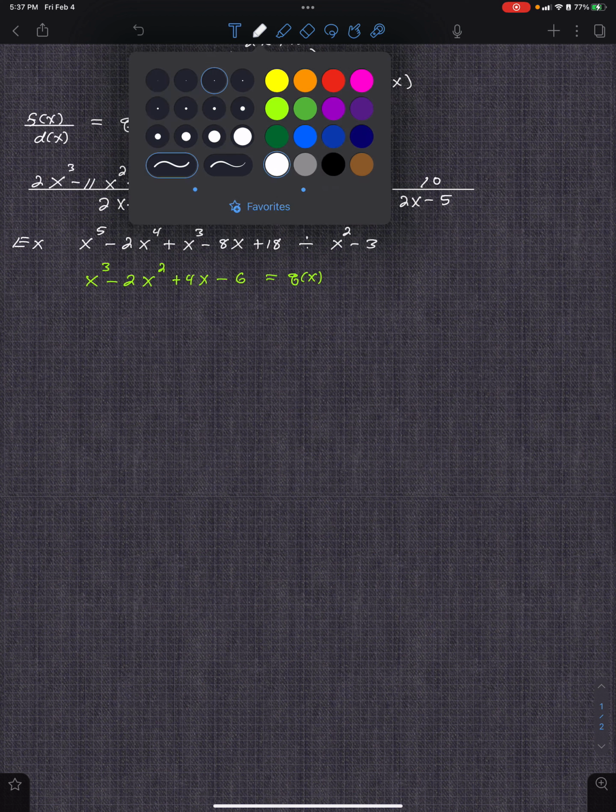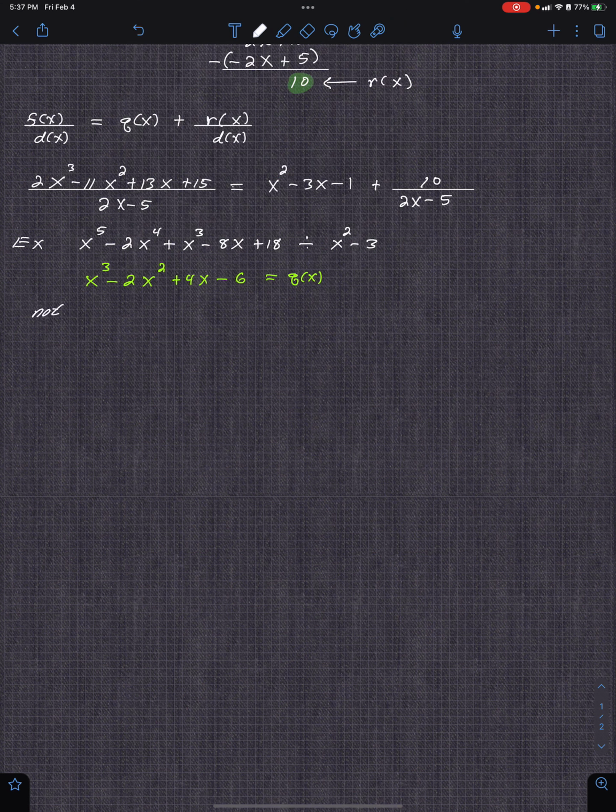So when you do this one, here's a little note. You stop doing the division when the divisor has a smaller degree than the remainder.